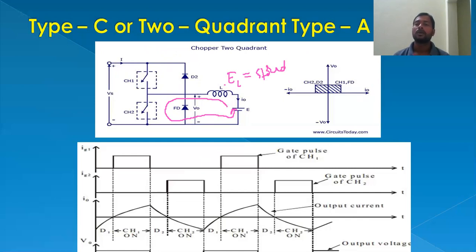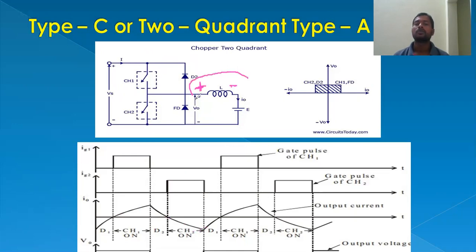Now when chopper 2 is off, this is C2, the inductor stores energy in the reverse direction. While storing energy, the inductor terminals will be positive and negative like this. While releasing energy, the terminals will change to negative and positive. So look at this one.